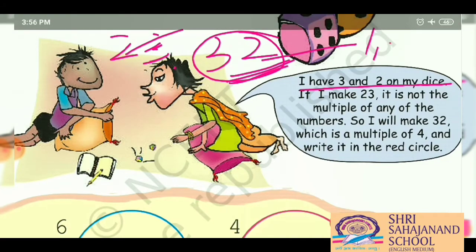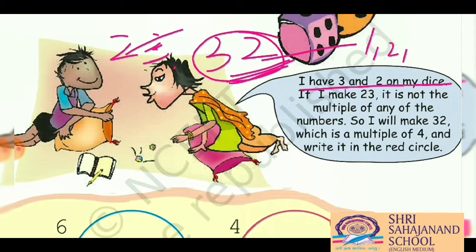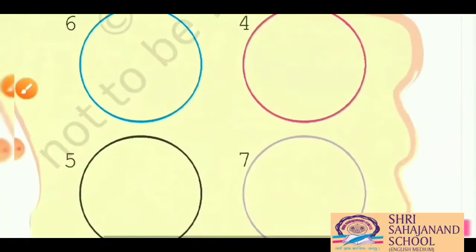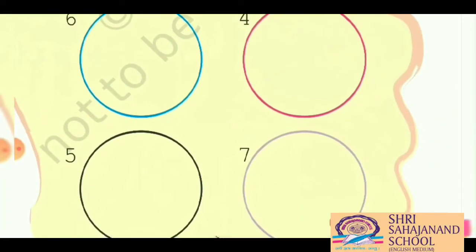So 1, you can write 2, then 4, then 8, then other numbers. Now I make 23, it is not a multiple of any of the numbers, so I will make 32, which is a multiple of 4, and write it in the red circle. Here we have 4, 6, 5, 7 numbers and their circles, so here we can write that number.